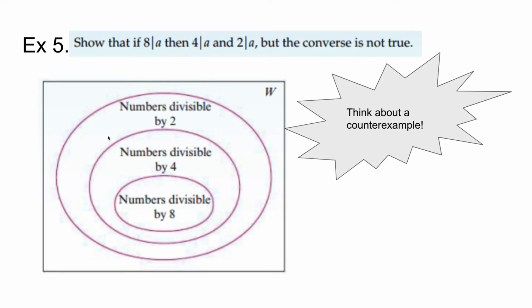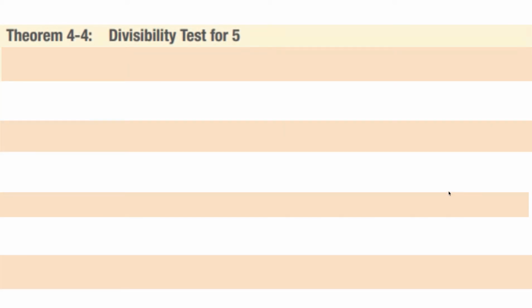Like 2 is divisible by 2, but 2 is not divisible by 4. And 4 is divisible by 4, and 4 is divisible by 2, but it's not divisible by 8. So you can see the relationship here as subsets.